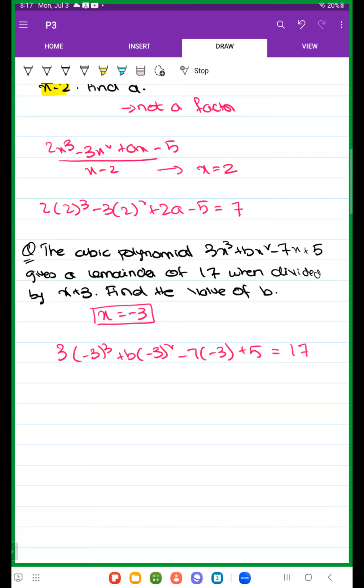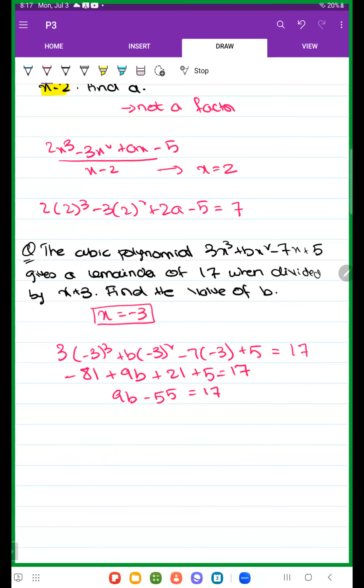Minus 27 into 3, minus 81. Minus 3 squared would give me plus 9b. Minus minus would be plus 21, plus 5 is equal to 17. Minus 81 plus 21 plus 5 gives 9b minus 55 is equal to 17.